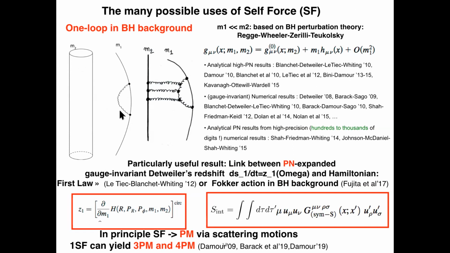And you consider effects which are one loop, which means in the effective action, second order in the small mass M1. If you expand the black hole background in perturbation theory around flat space, you consider diagrams where you still have one loop that closes on M1, but many external vertices of many types.